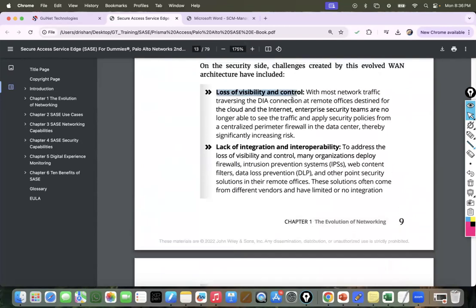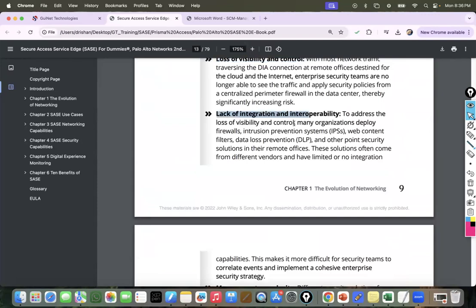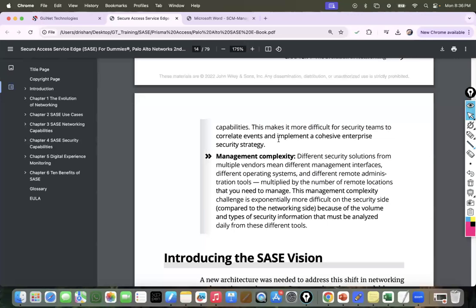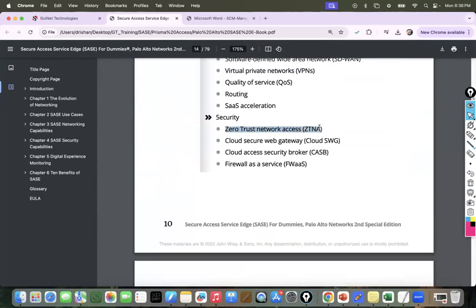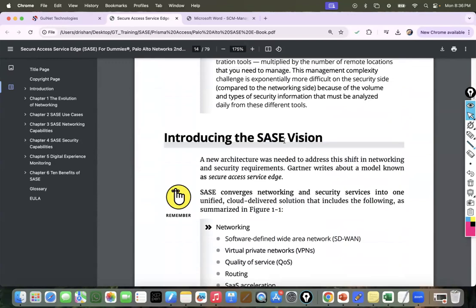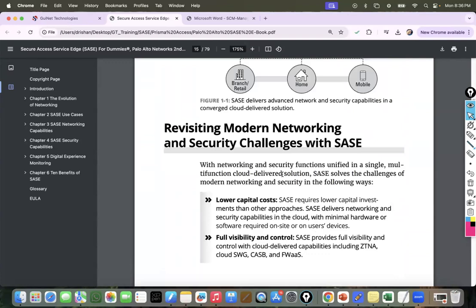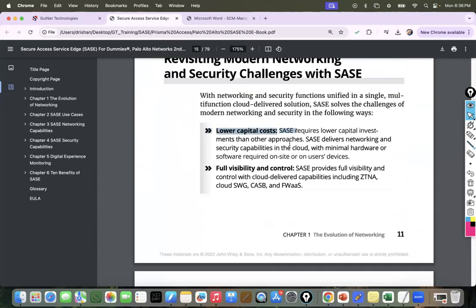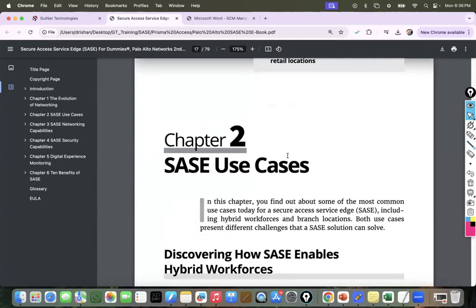What were the challenges: loss of visibility and control, lack of integration and interoperability, IDS, IPS, simplified management, firewall services, the same things I discussed: ZTNA, cloud secure web gateway, CASB, firewall as a service, SD-WAN solutions. It also covers how it lowers your capital cost and gives full visibility and full control if you read step by step.